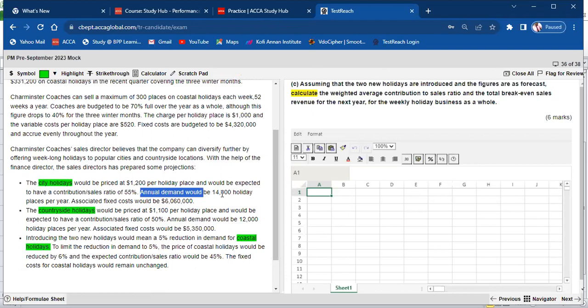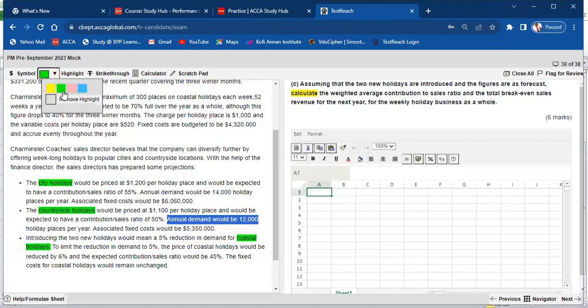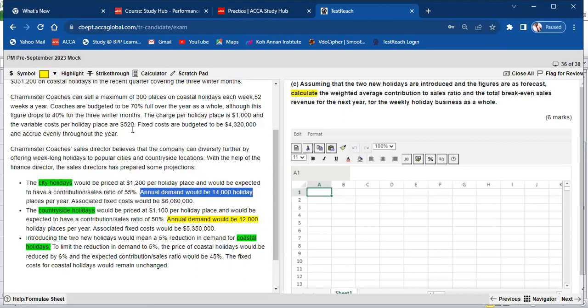Annual demand will be 14,000 holiday places. Countryside, annual demand will be 12,000. Coastal, a 5% reduction in demand.